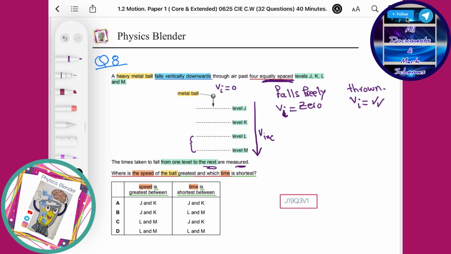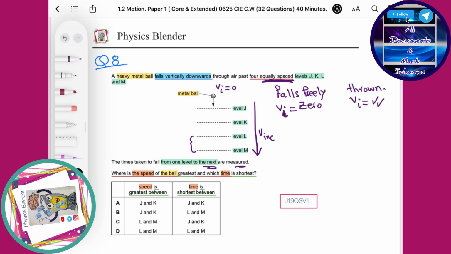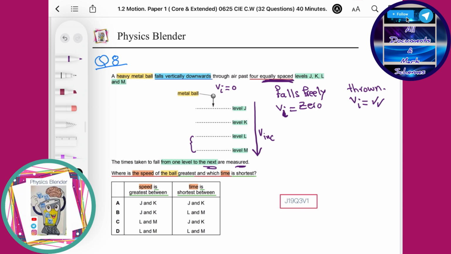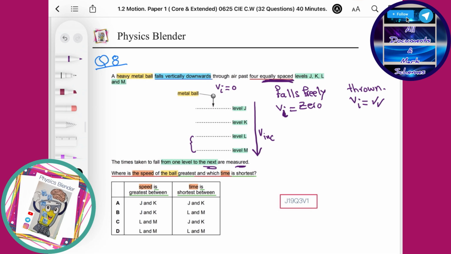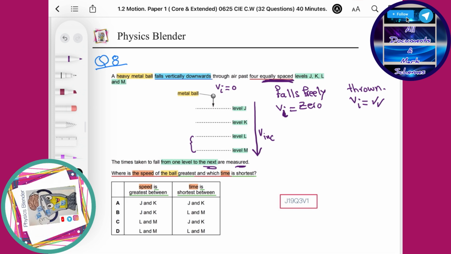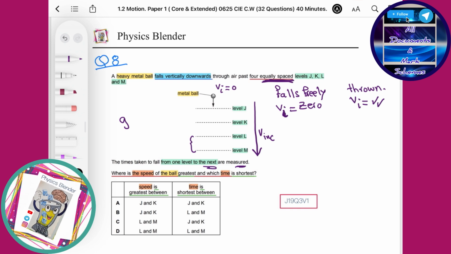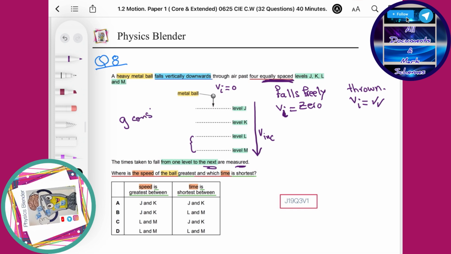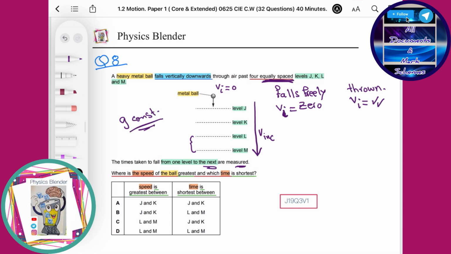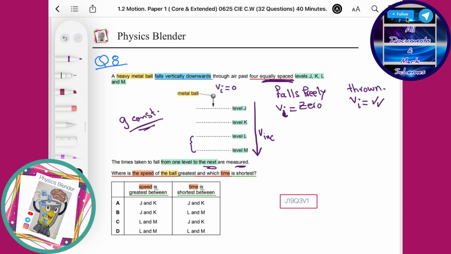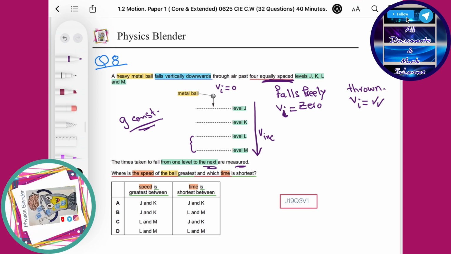What happens here? The velocity is increasing but at a constant rate, and the acceleration is constant. So acceleration due to gravity, G, is constant, which means the velocity is changing at a constant rate.